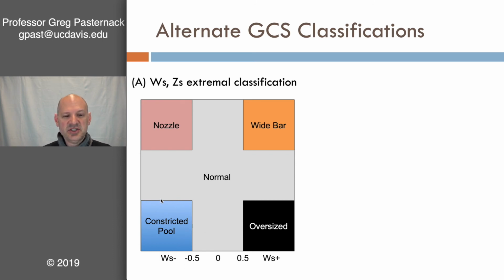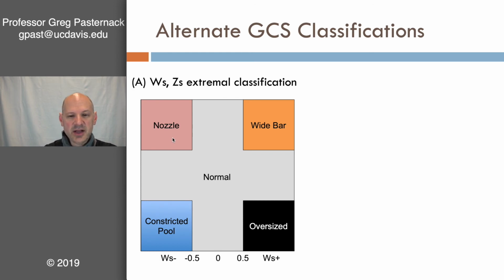We can create a decision tree that says when both of these are negative, it's constricted pool. And this is now the color scheme that I'm going to be using from here on. That constricted pool is blue, positive width and negative elevation is oversized, and then black, wide bar is going to be orange, and nozzle is going to be red.